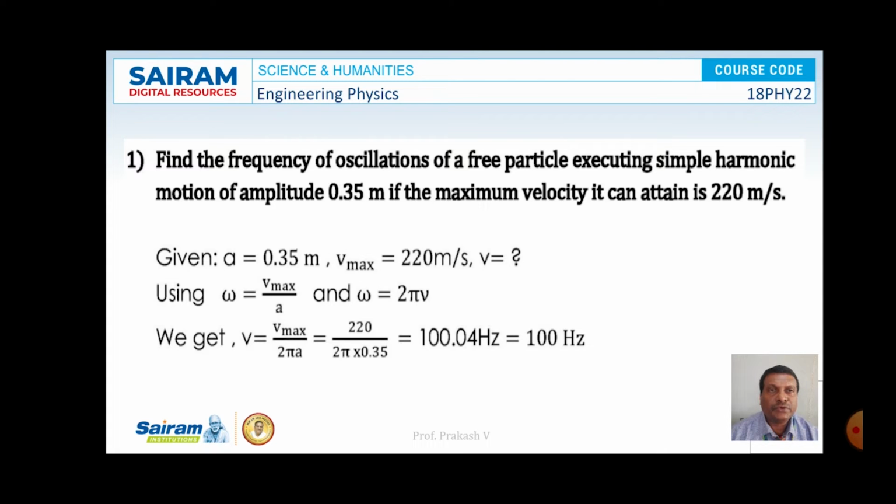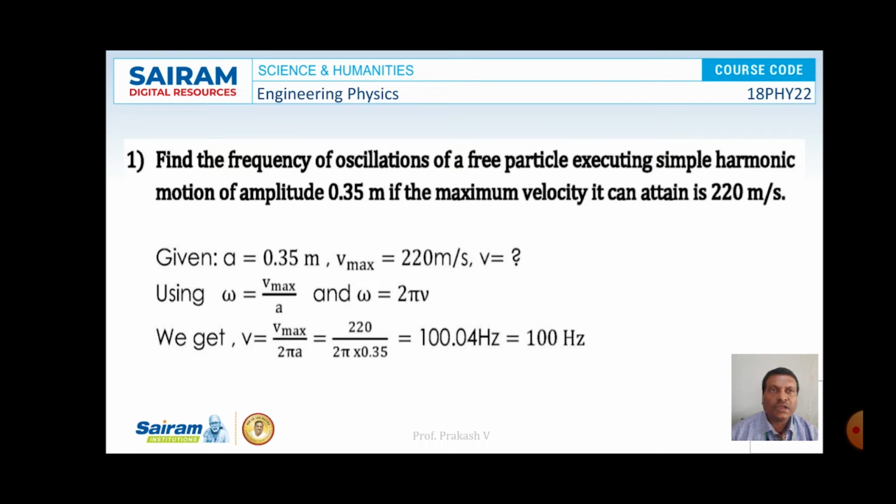If you substitute the values of V max and A in the formula, on simplification and calculation, we get the frequency of oscillation equal to 100.04 Hz, or approximately 100 Hz. So this is the solution of this problem.